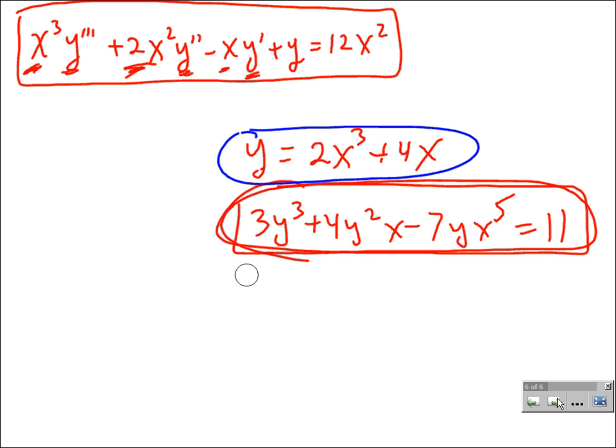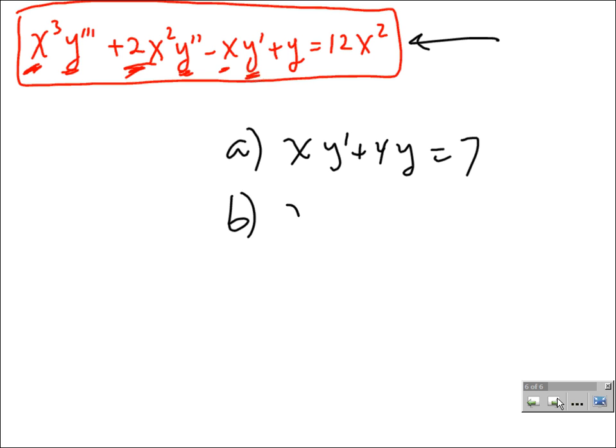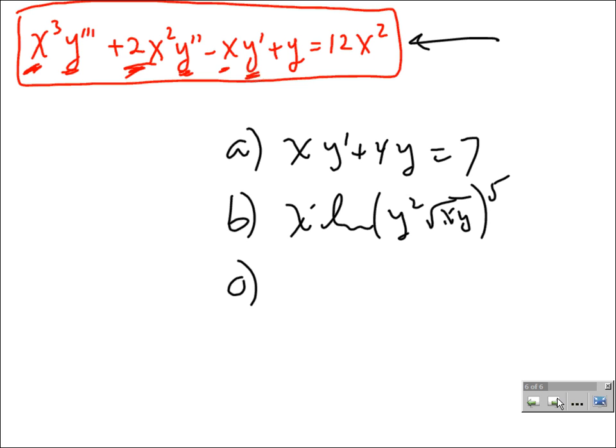If you were taking a multiple choice test and you were asked which of the following is the solution to that, and A was xy prime plus 4y equals 7, and B was x ln of y squared square root of xy all to the fifth, and letter C was y prime equals 4x, and letter D was y equals 3y double prime.